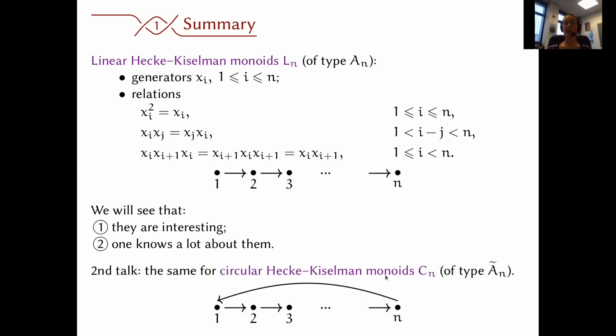So combinatorially, these monoids will be much more complicated than the linear ones, but I will try to show you that the pretty elementary tools from the first part will still be applicable and give really new results for these objects of the second type.